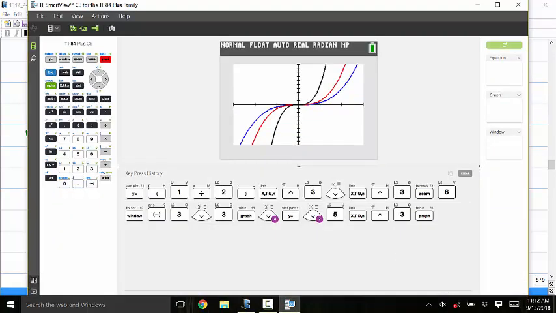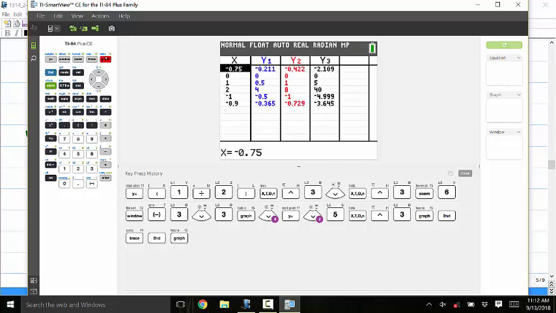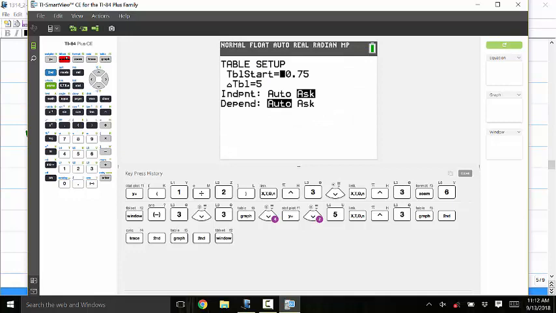Okay, if you want to use your calculator and find points on your graphs, you go to second, table. It's above the graph button. And those are your points. I need to go to table set. I'm going to go by 1, 1, auto.